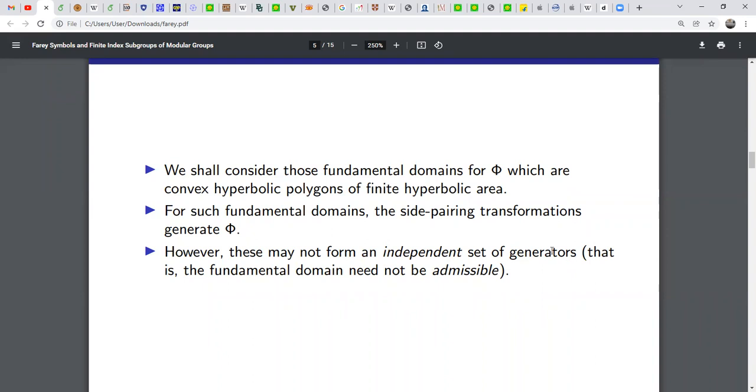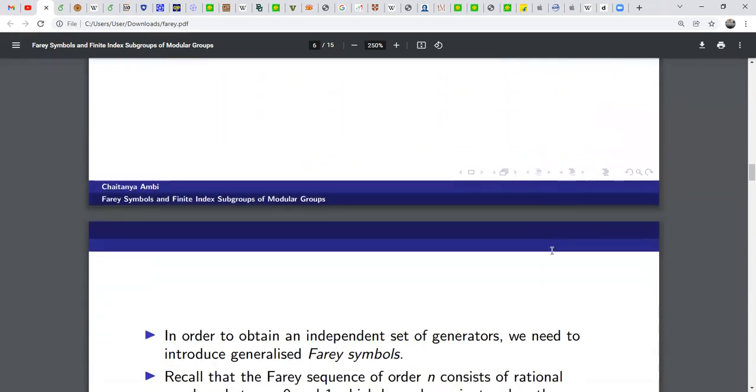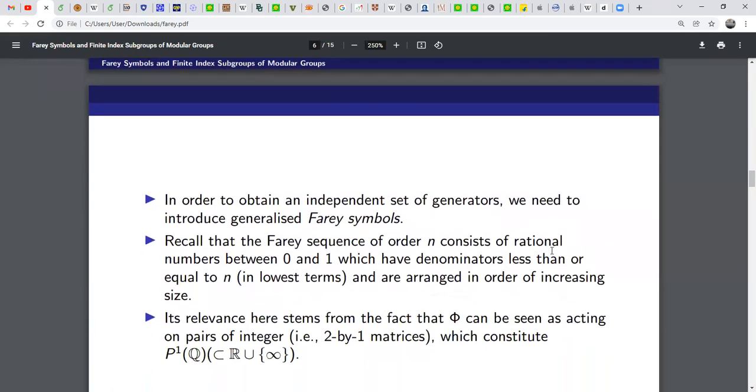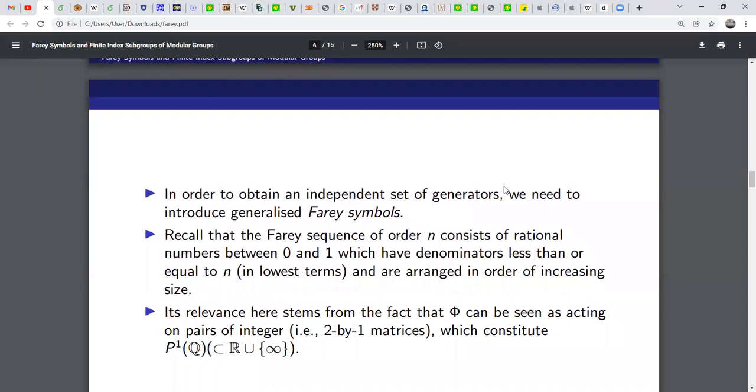To address this issue, one needs to introduce an arithmetic device called generalized Farey symbols. Actually, Farey symbols are much more than that. That is, they have very interesting arithmetic as well as number theoretic properties.